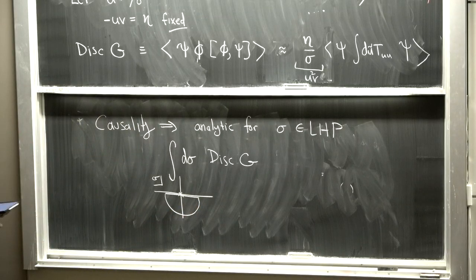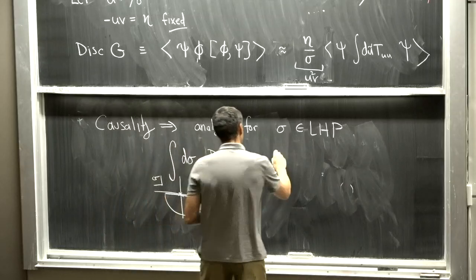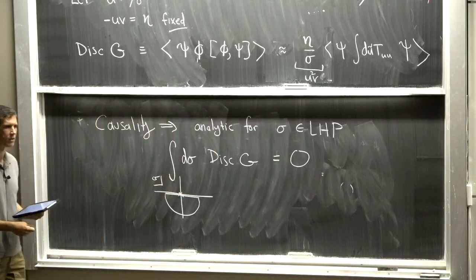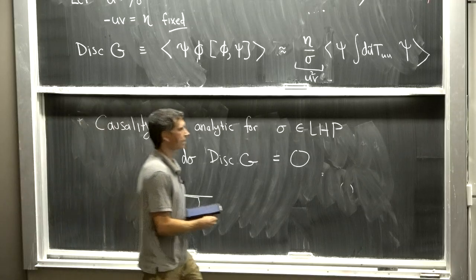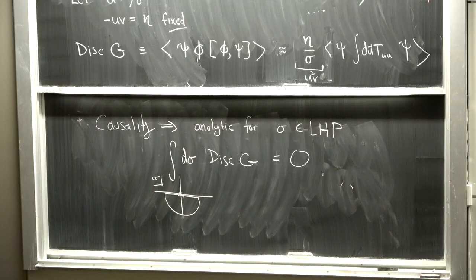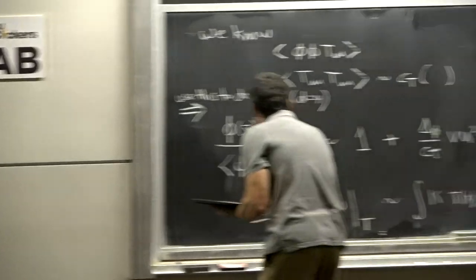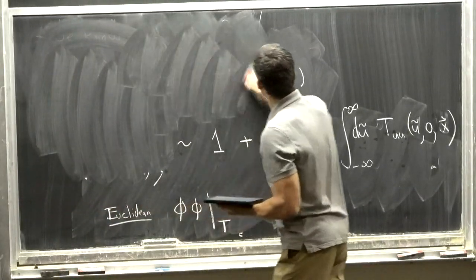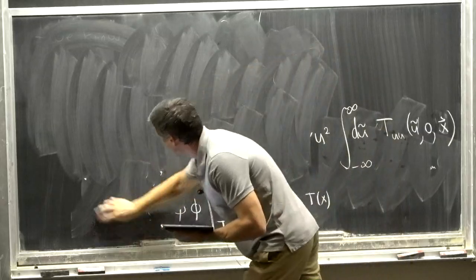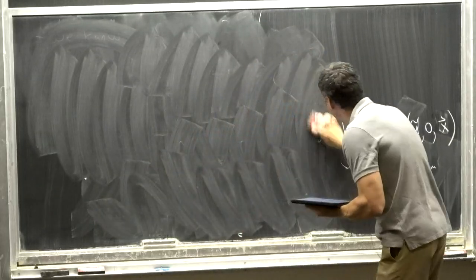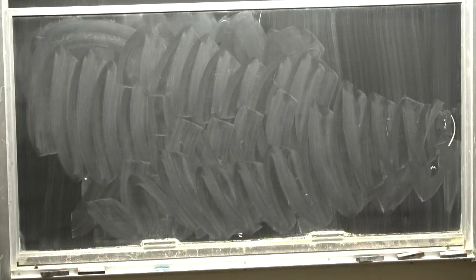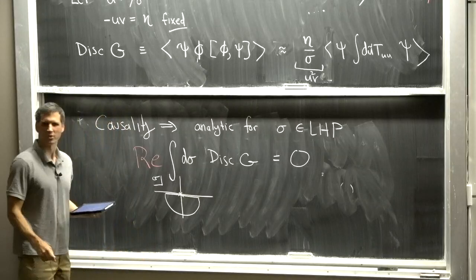If I do that contour integral, that is going to give me 0, because I'm integrating an analytic function around a closed contour. Well, if that's 0, then its real part is also 0.